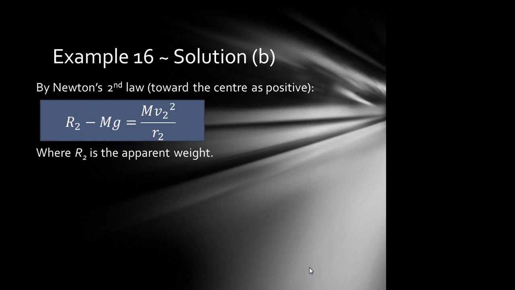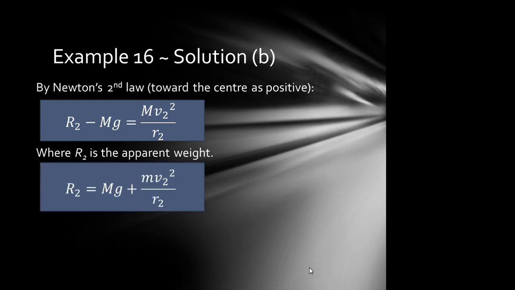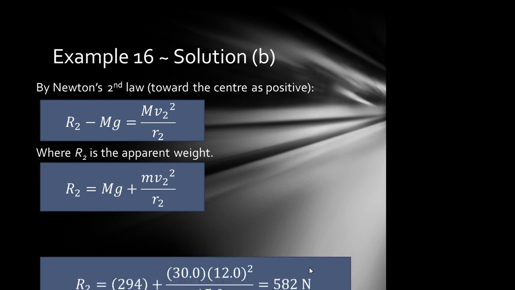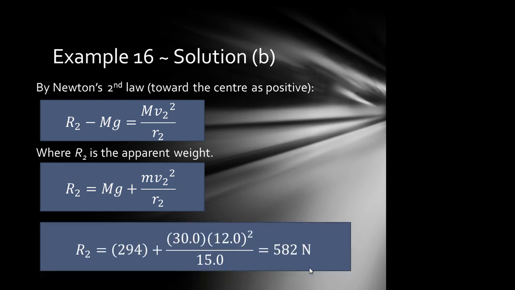Right, R2 is the reaction force. That's the apparent weight, not mg anymore. mg is the actual weight. The apparent weight you feel is the reaction force. So making R the subject and calculating R, we will get 582 newtons, and that's almost double the original weight. So she must feel like she's heavier. So if you said lighter, right, we have bad intuitions.